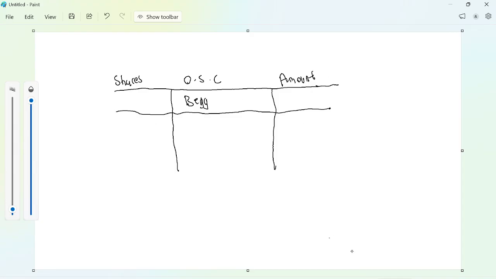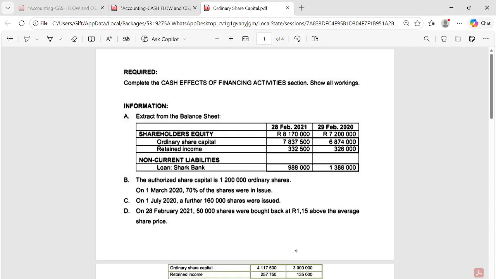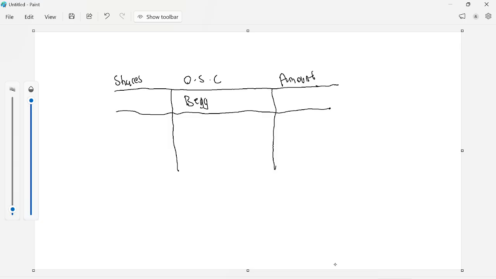In this case they said we're issuing authorized shares of 1,200,000, so 1,200,000 multiplied by 70%. That gives me 840,000 shares that are issued at the beginning of the year.